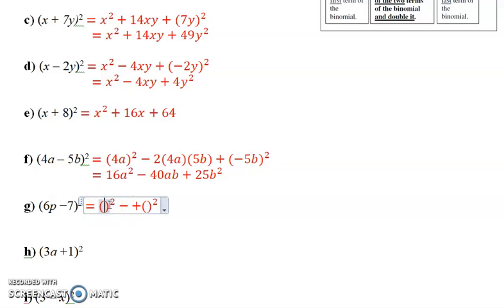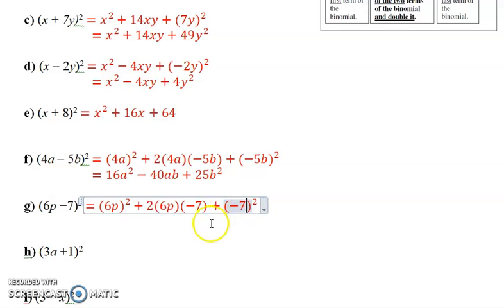Alright, so we take the 6p and square it, then we take double, and it's minus because there's a negative out front. If you want to put the plus here on the above one and the negative here, it's the same thing. I should probably put the plus, double the 2, then the 6p, and then the negative 7 if you want to show it, and then the negative 7 squared. Okay?